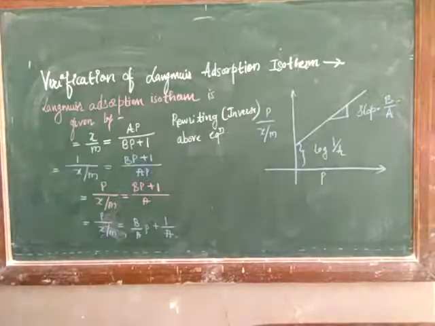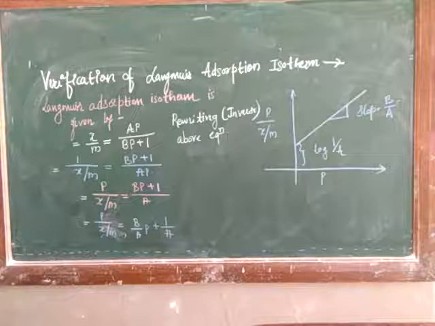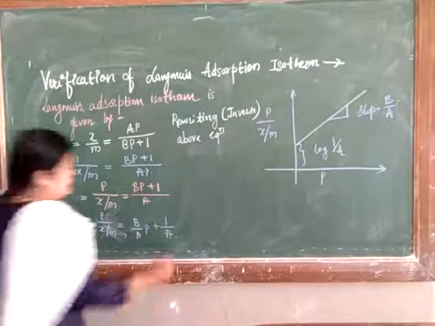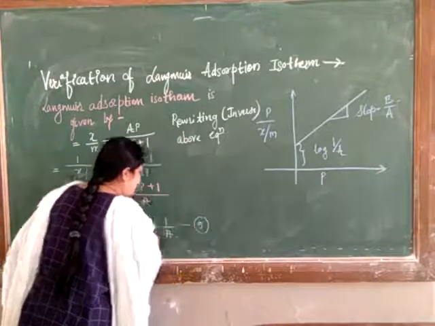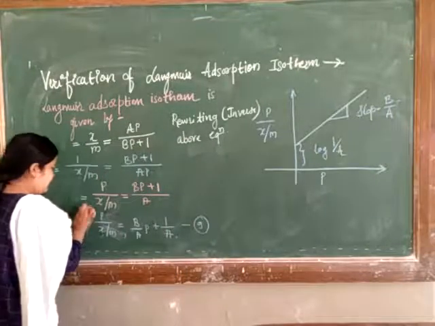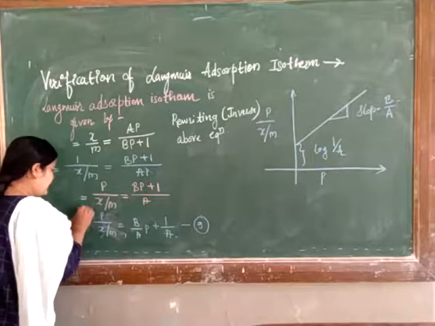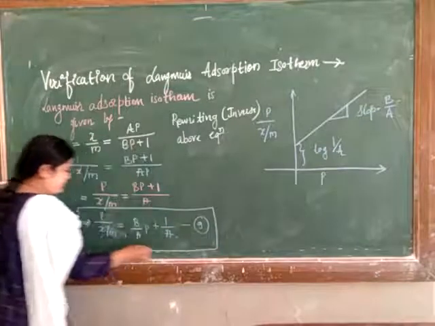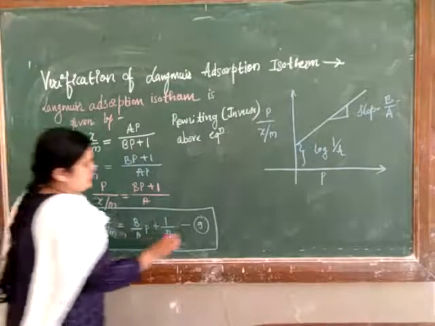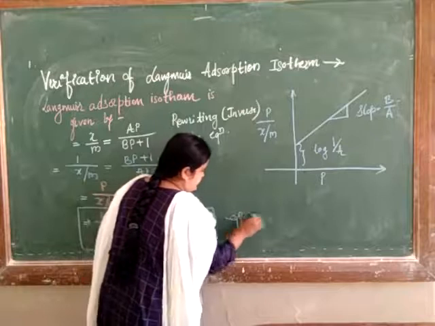Equation 9 is another form of the linear adsorption isotherm, and it is the equation of a straight line.